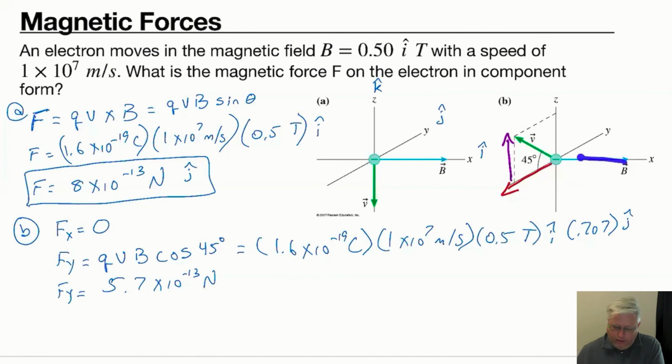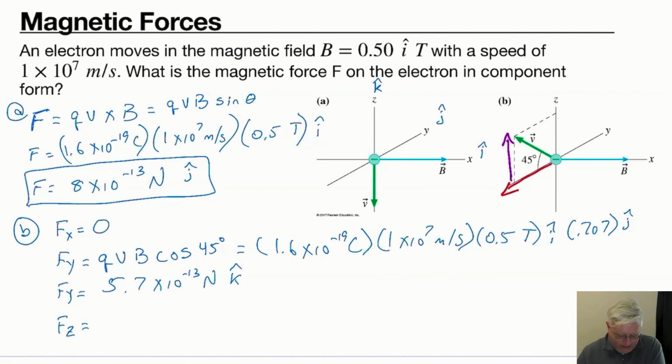If we're doing x and y, what's perpendicular to the plane of x and y? Z, right? So this will go in the k hat direction. I keep getting it wrong. Sorry, this is tough stuff.